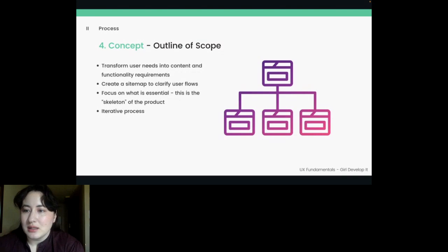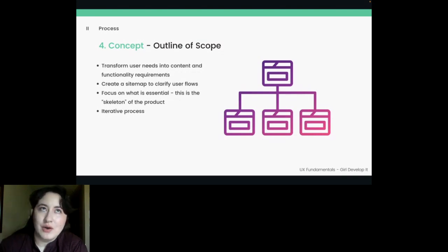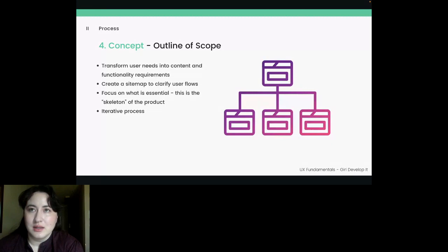And it's going to map out the basic content and functionality requirements. An example of a content requirement is like we want to have a contact us page with our phone number.